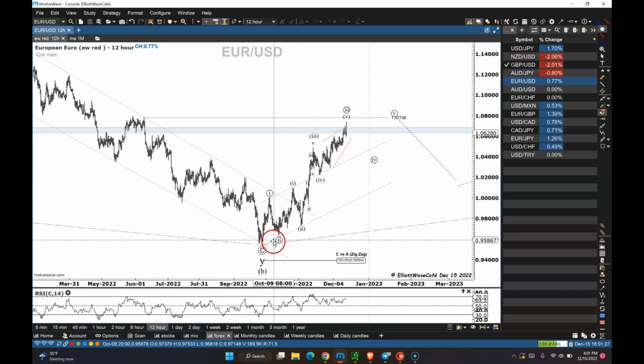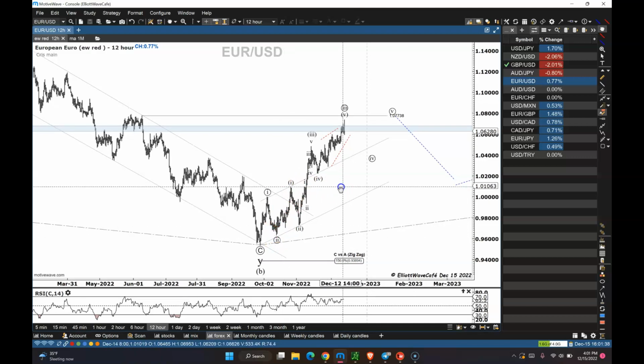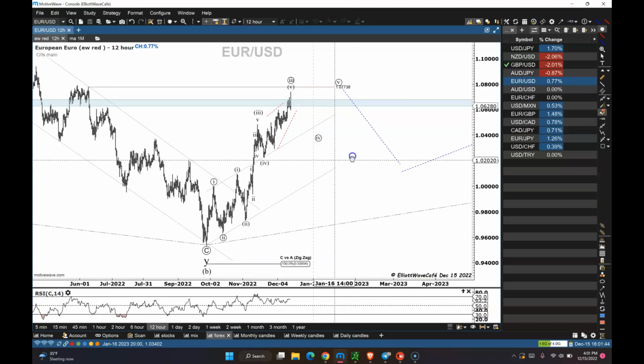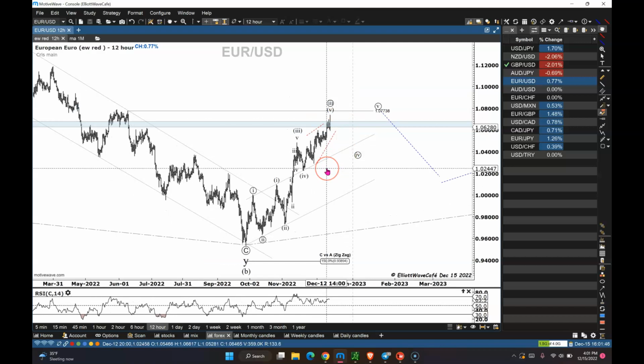Again, 1, 2, 1, 2, or a flat in here. 1, A, B down in C. To me, this looks like a 3-wave move. This in here is a little iffy, but anyway, I'll give it a 4th wave in here. At least a correction back, maybe towards 103.